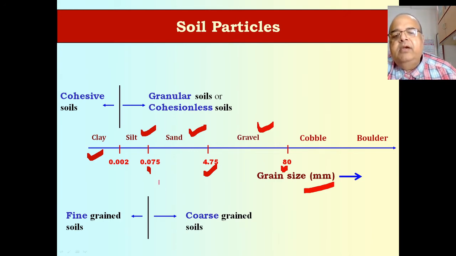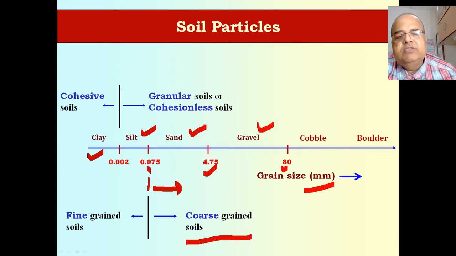Particles more than 0.075 mm in size are termed coarse grained soils, and particles less than 0.075 mm are termed fine grained soils.